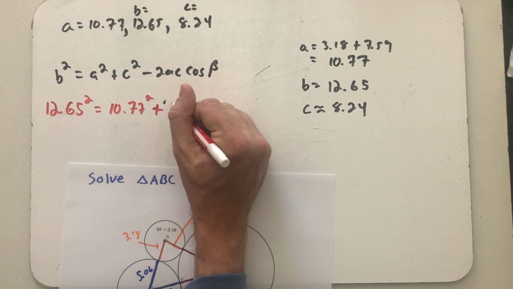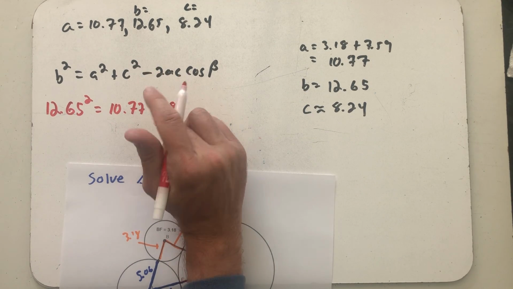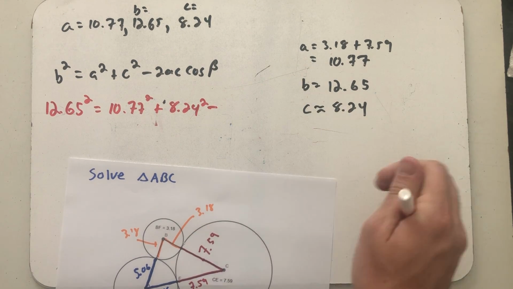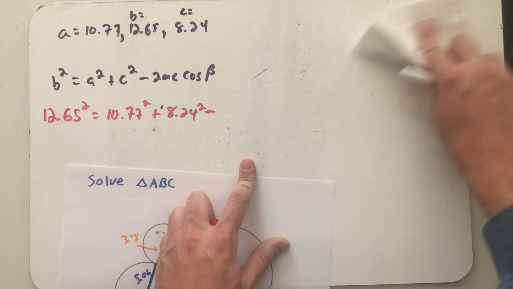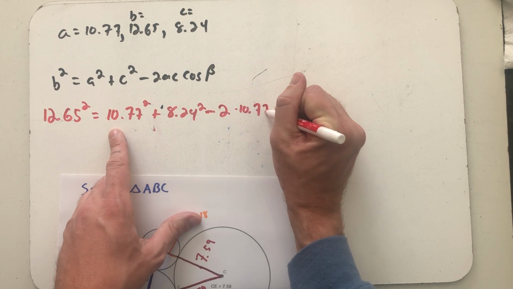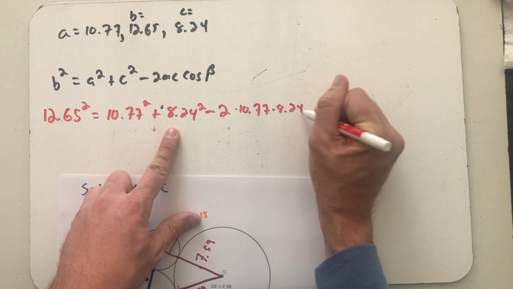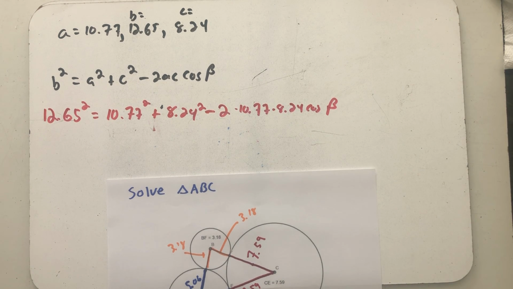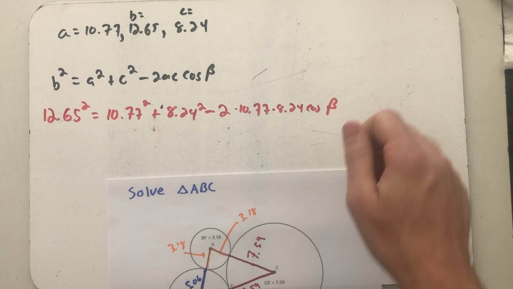Two times the 10.77 times the 8.24 times cosine of the angle I'm looking for. All right, I'm ready to find beta.